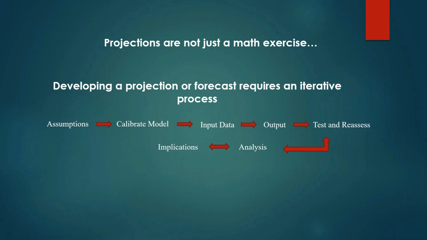Once we are satisfied, or you are satisfied with the results and whatever internal process you go through to say, hey, these results make sense, you need to do an analysis, and then you have to look at implications. Now, the Maryland State Data Center, when we develop our projections, we go through each of the steps, but we're really not looking at implications in the sense of population growth drives demand.